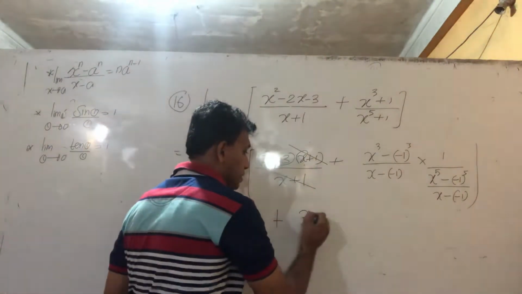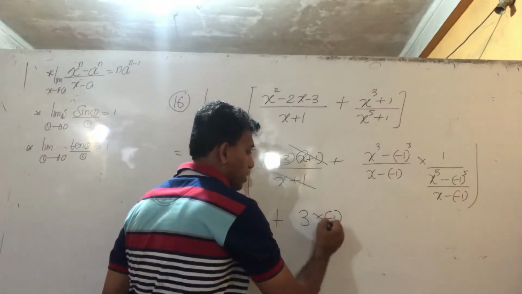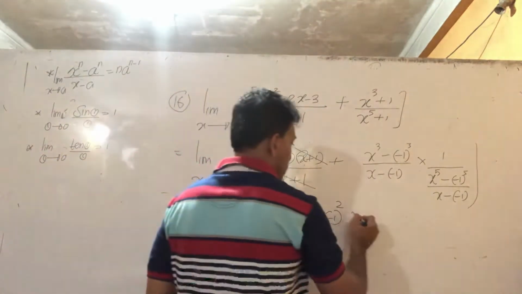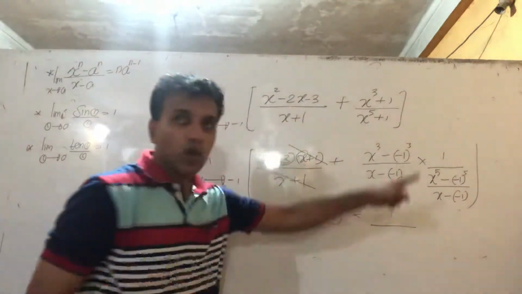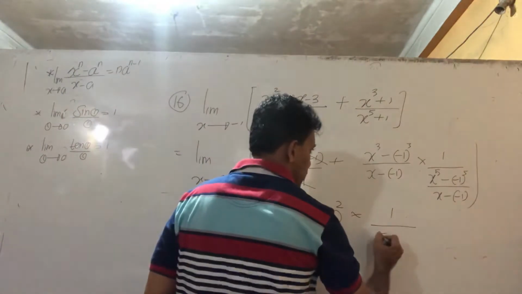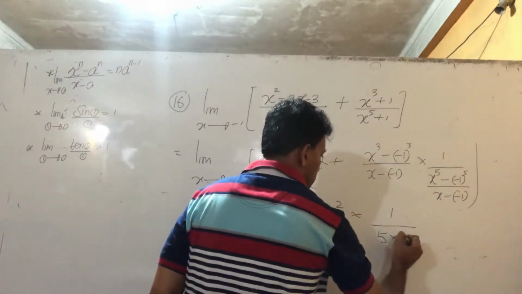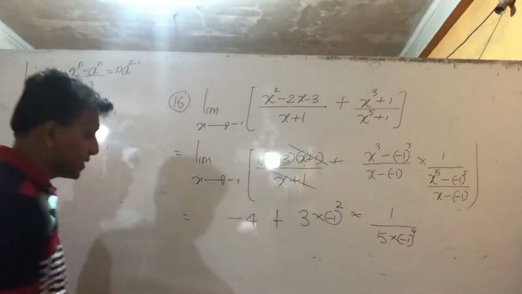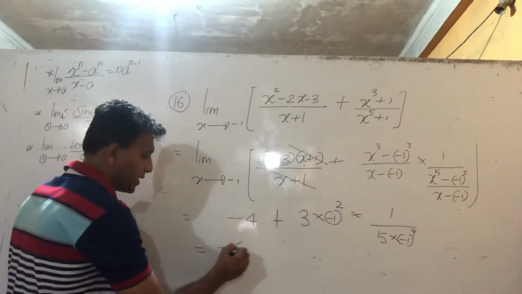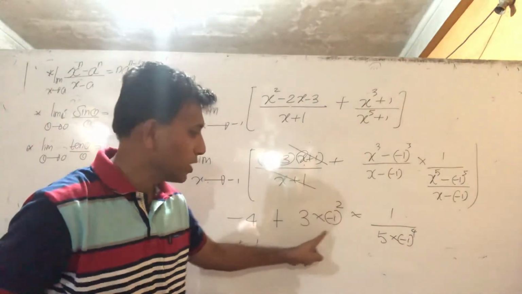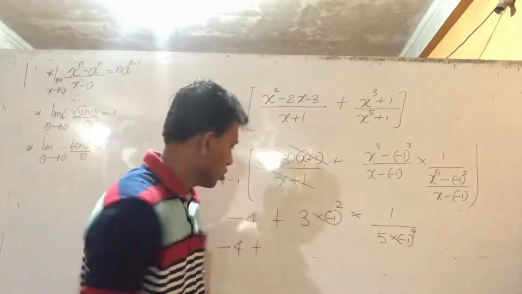So 3 into (minus 1) square, into 1 over, you also n a to the power n minus 1, that is 5 into (minus 1) power 4. That's the method. So the answer is minus 4 plus; minus 1 square is positive, therefore 3, and you also get 3 over 5.